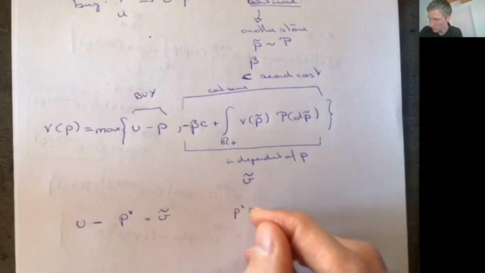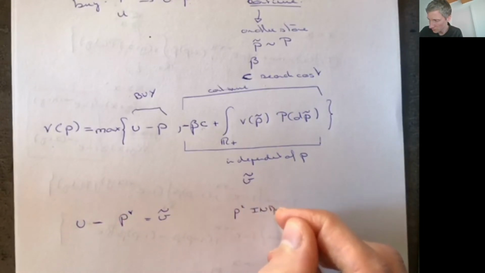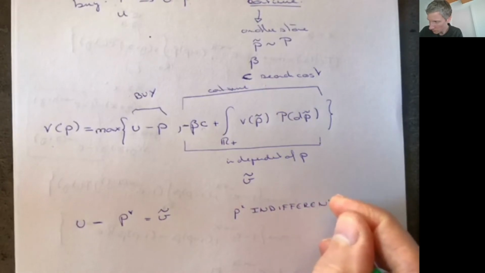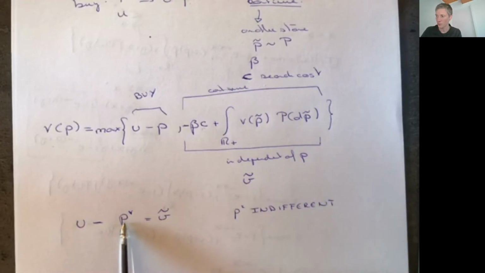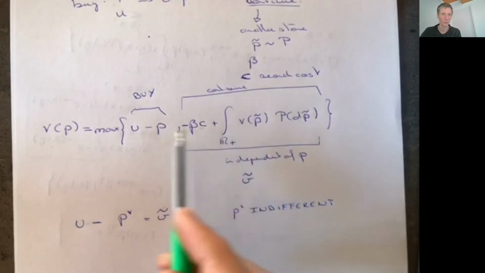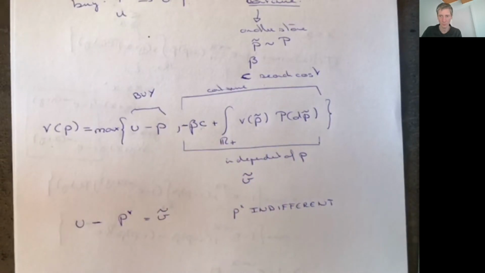So at P star, you're indifferent. If the price is below P star, then buying is going to be better than continuing. If the price is above P star, then you're going to continue, because then this part will be greater than this part.